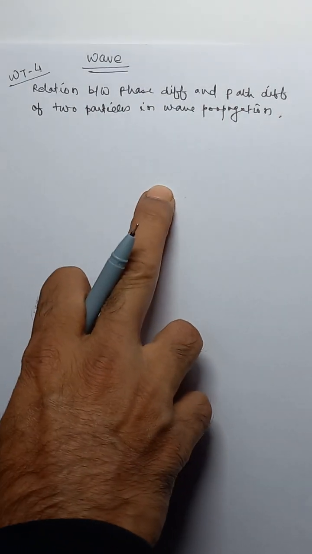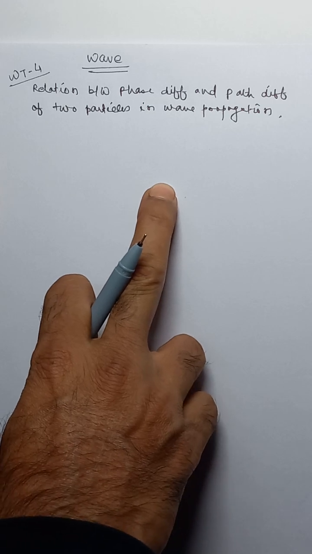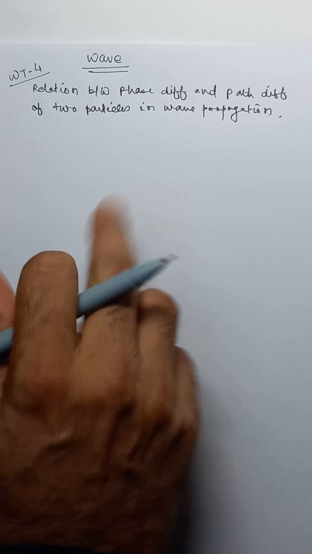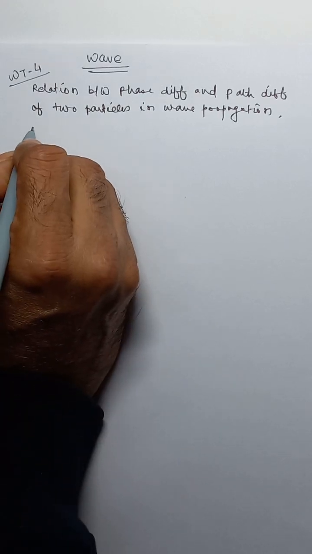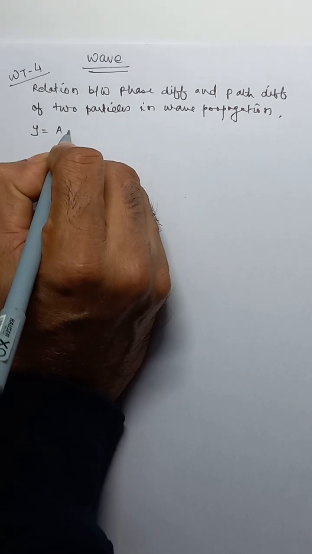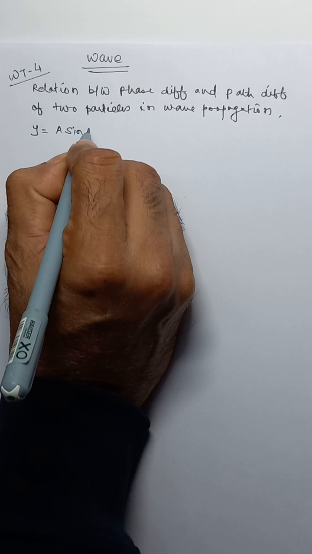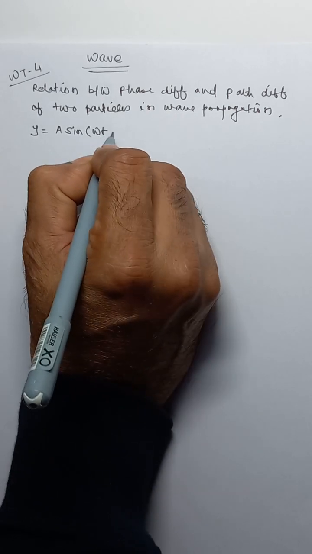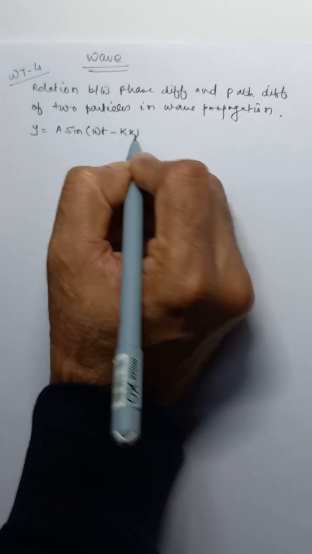In my second video, I derived the equation of the simple harmonic wave as y is equal to a sine omega t minus kx.